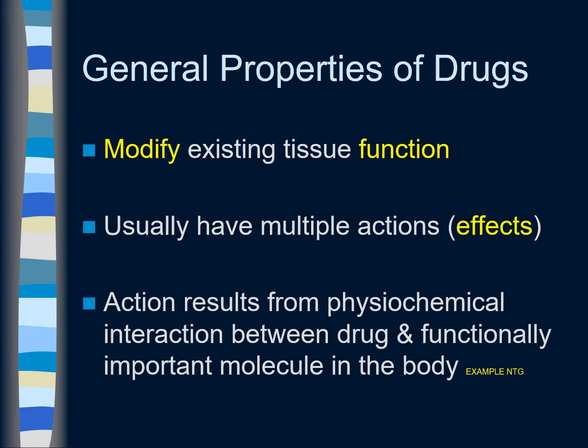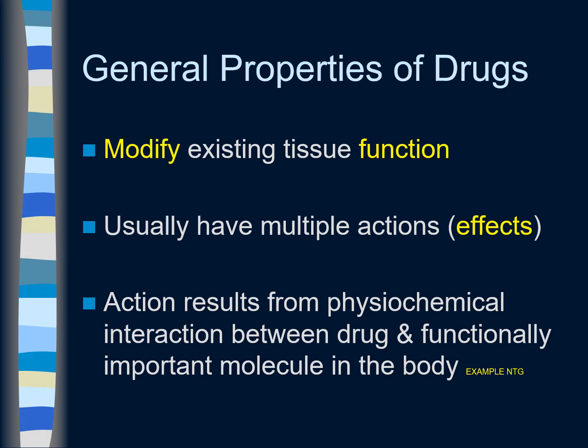So what do drugs do in the body? How do they work? Well, a drug modifies existing tissue function. It can have multiple actions, also known as effects, and the action results from a physiochemical interaction between the drug and the functionally important molecule in the body.